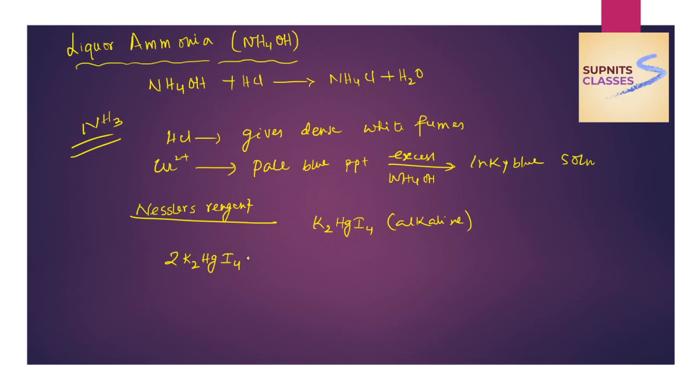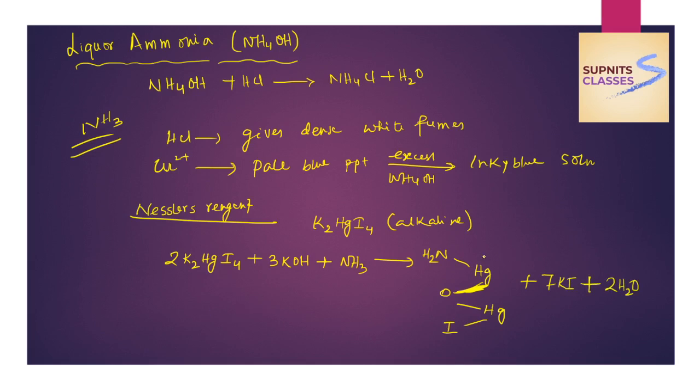K2HgI4 plus 3KOH plus NH3 will give you NH2Hg2OI plus 7KI plus 2 water.